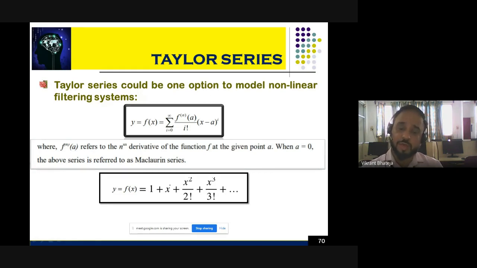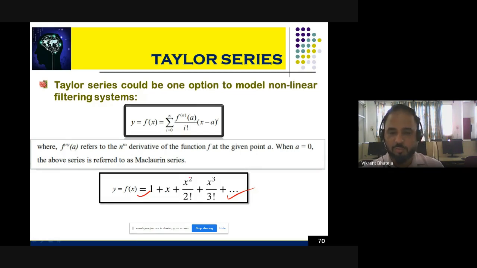Or if you recall your initial programming classes, this is a series for which you would have developed your C or C++ codes in your programming lab. So this kind of series, 1 plus x square upon 2 factorial plus x cube upon 3 factorial, is a kind of Taylor series.